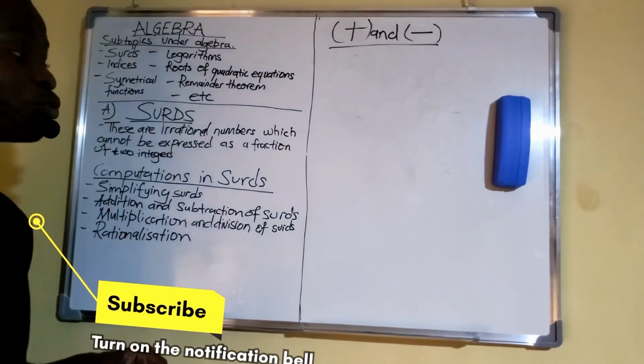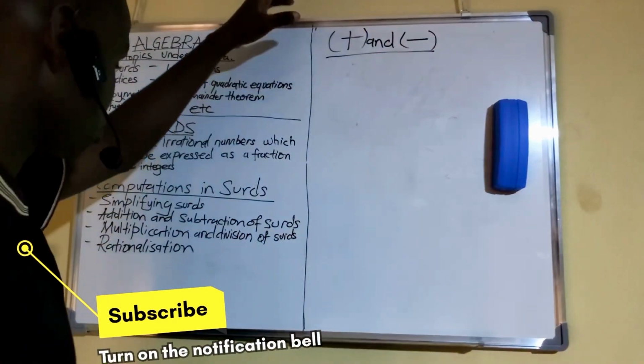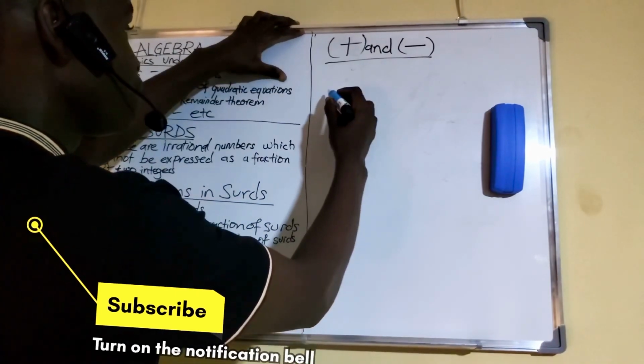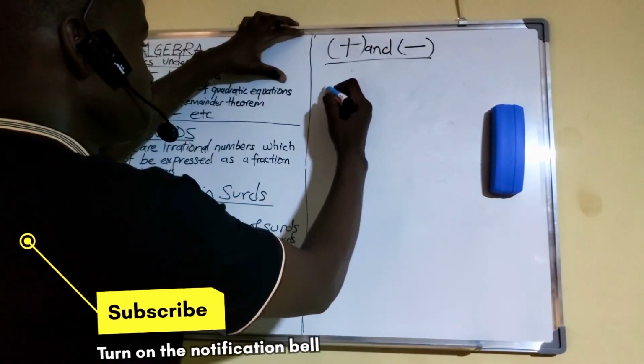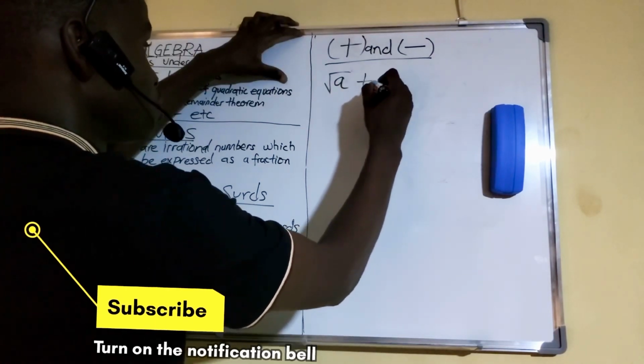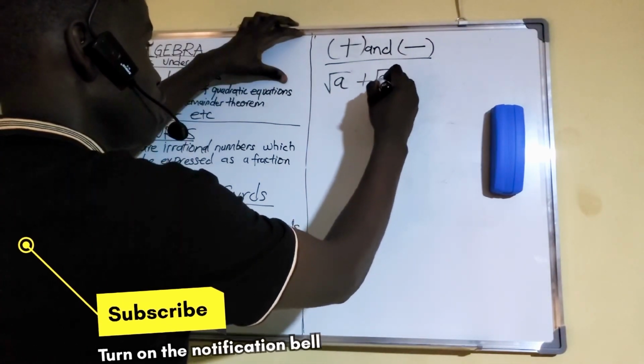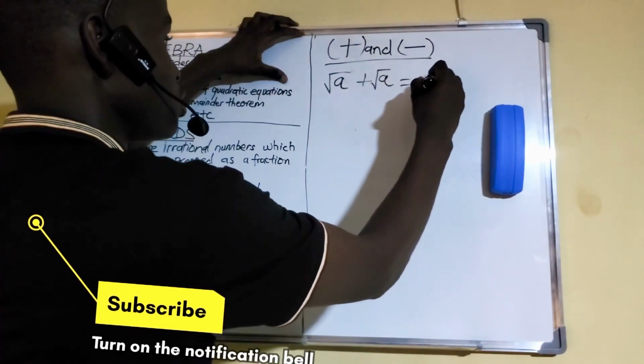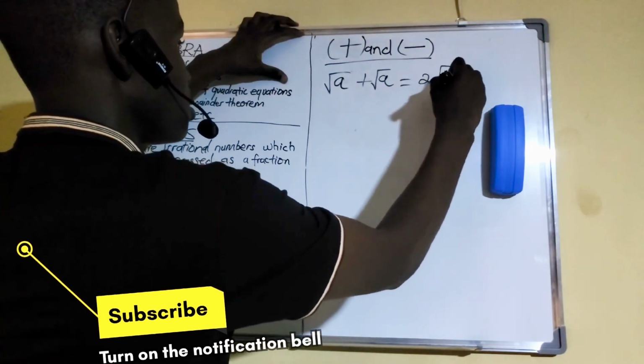But for addition we have some simple laws. Now if we have a surd given to us like root a plus root a, this gives us 2 root a.